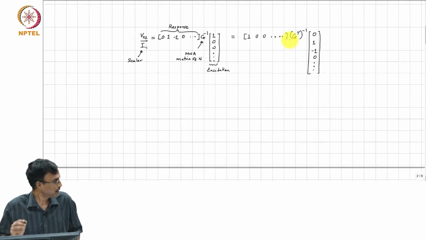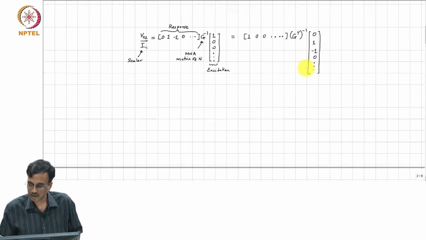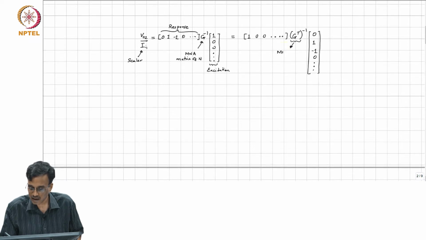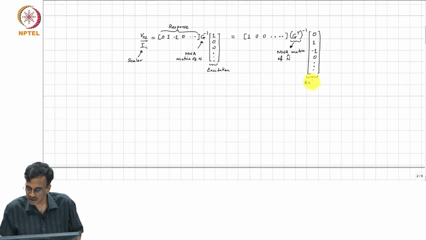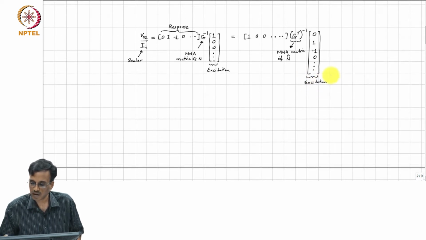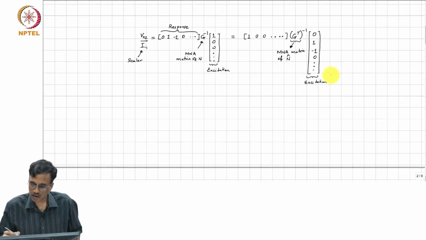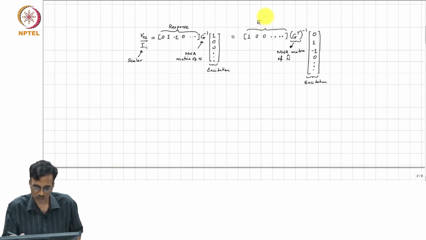So, now you can interpret this expression as the excitation of a network N hat whose MNA matrix is the transpose of the MNA matrix of the original network, and the excitation is that vector and this is the measurement or result.